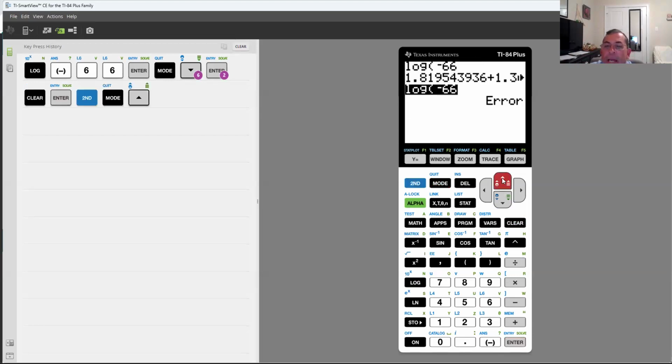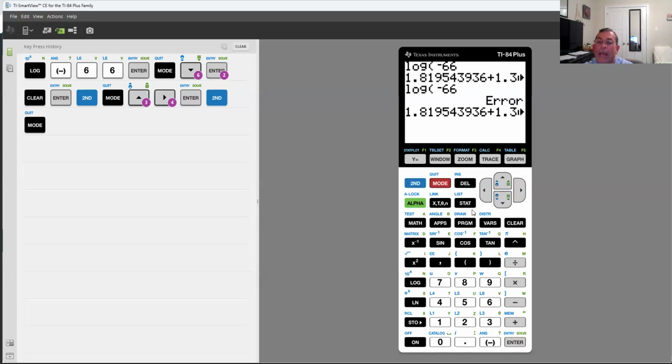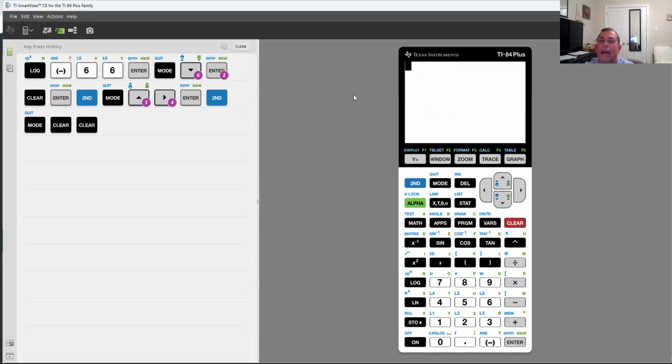That's why the answer it gave me a while ago was imaginary, because it had that i on it. If you were to look at this answer up here and arrow out, you would see that it has an i at the end of it. So that means it's imaginary. We cannot take a log of a negative number.